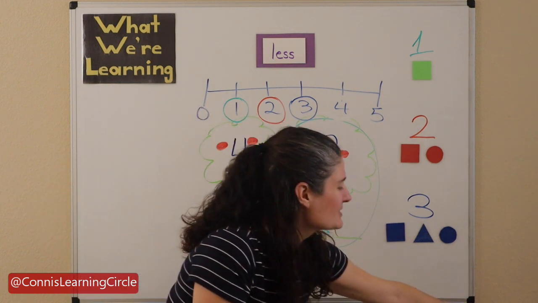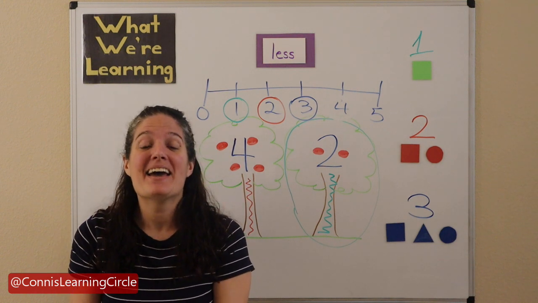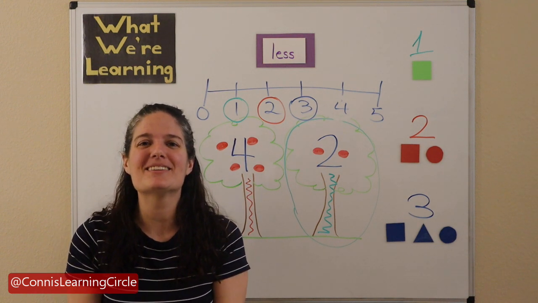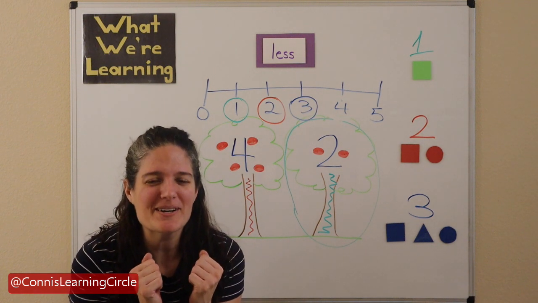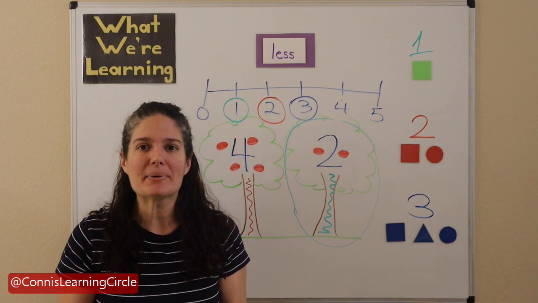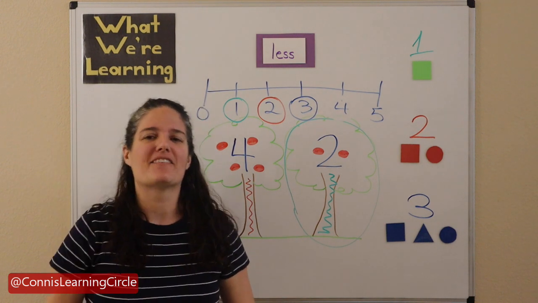Thank you so much for coming and learning more about our comparing words with me today and about our concept of less. We learned that less means that it is a smaller number. And it's the opposite of more, which means it's a bigger number.